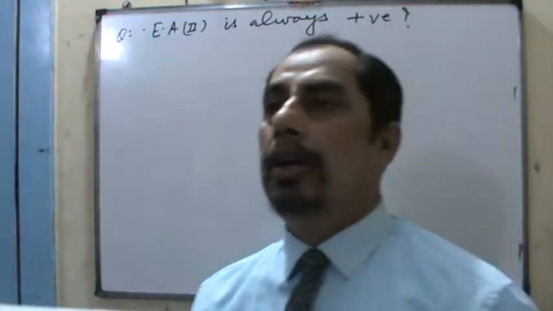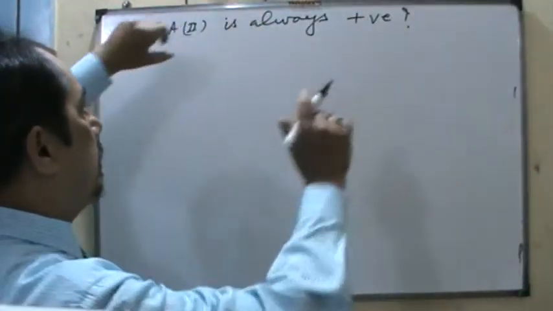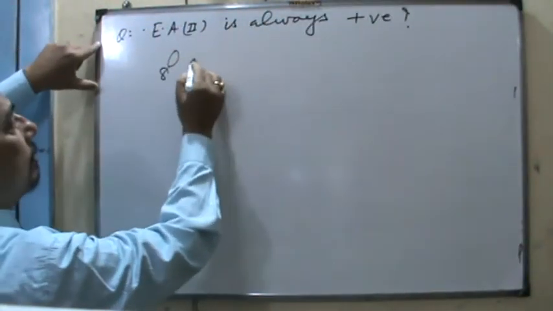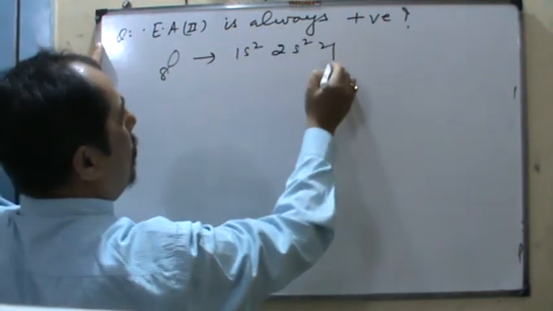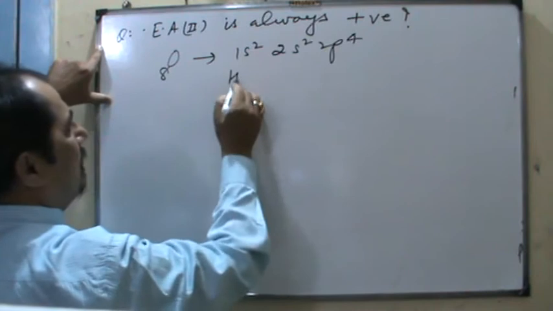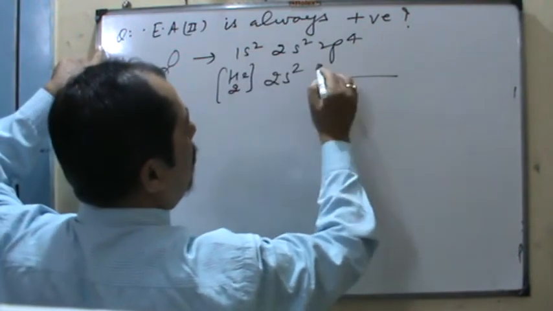The reason behind it is, for example, take the oxygen atom. In the oxygen atom, the atomic number is 8 and its configuration is 1s2, 2s2 and 2p4. It is the helium core and then 2s2 and 2p4.